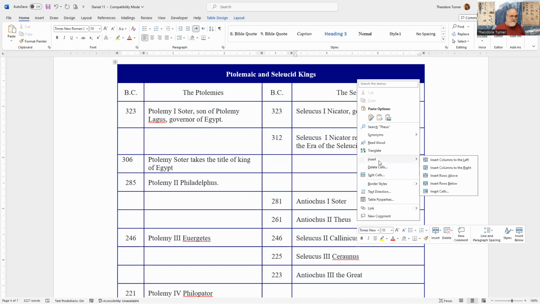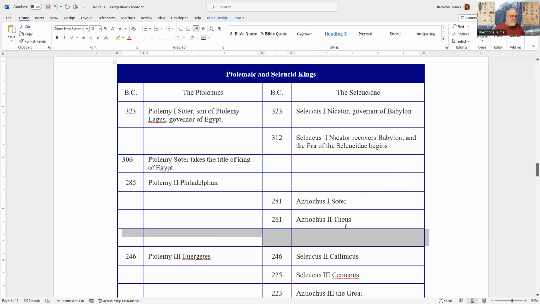And I'm just going to add a row here. So this is going to be 252. Why does that one do that? No idea. Okay, peace treaty.